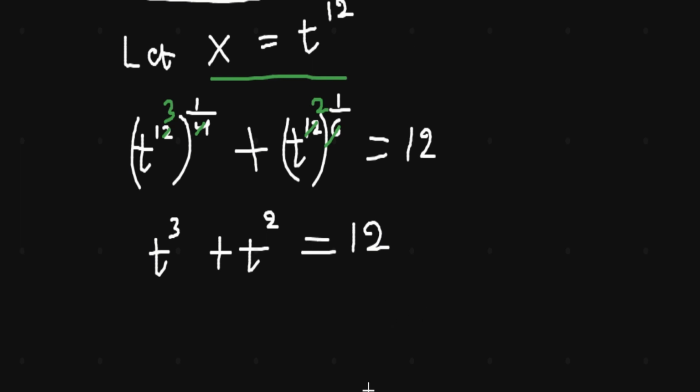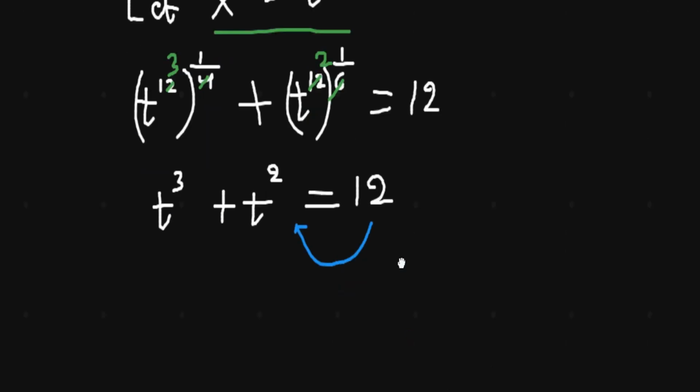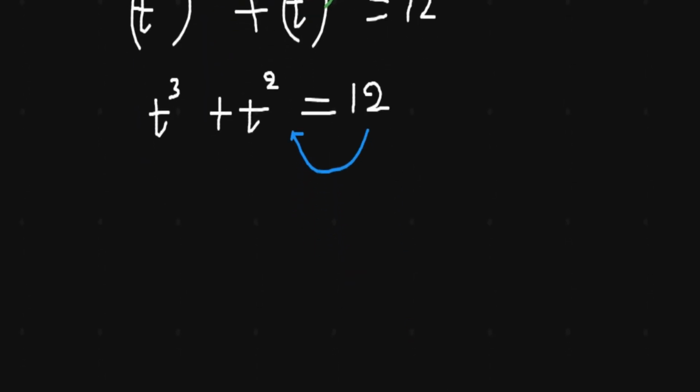So again we can take 12 to the LHS side here. So friends, we can write here t cube plus t square minus 12 is equal to 0 here.